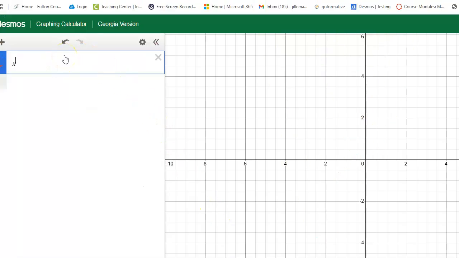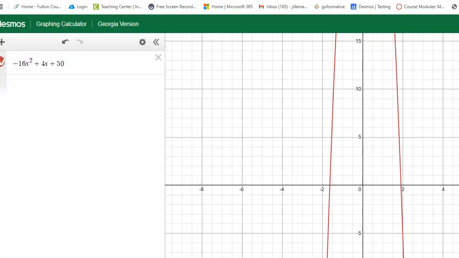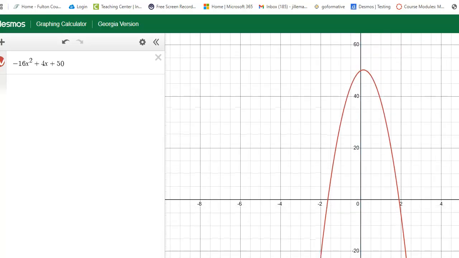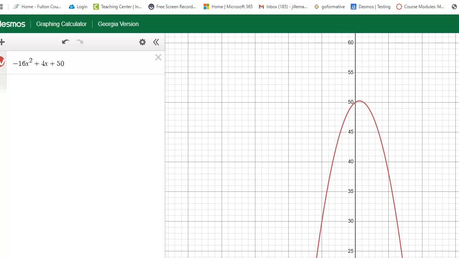All right, here we go. -16, can't put a t, so it's x squared plus 4x plus 50. Let me make this so we can see it. I'm actually going to make it just a little bit taller because I really want to see up above.